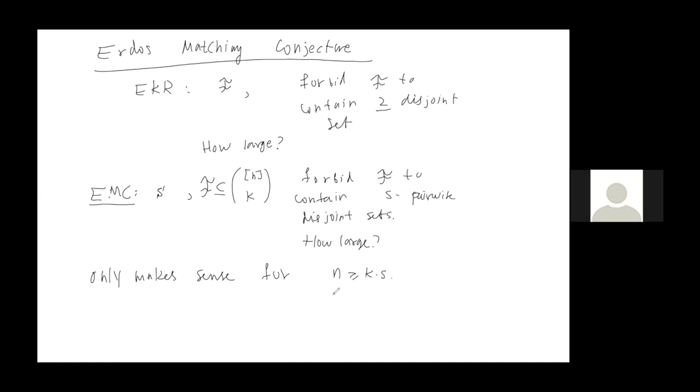And there are two regimes for this problem. There is one regime where n is bounded away from k times s, and one where n is roughly the same as k times s. In each one of these regimes, we expect the extremal example to be different, but today I'll focus on this regime.